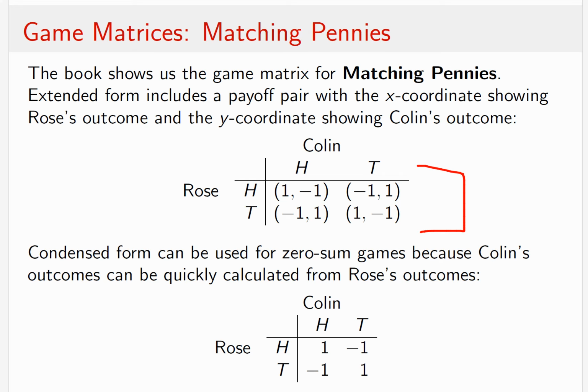The X coordinate is Rose's value, the outcome that Rose will earn, and the Y coordinate shows Colin's outcome. This is why we can have condensed form: if Rose is winning 1, Colin is losing 1, and if Colin is winning 1, Rose is losing 1. Because of that opposites nature in a zero-sum game, we have the condensed form.